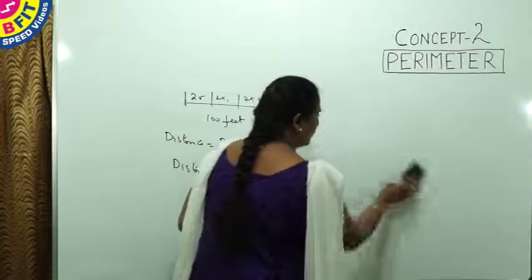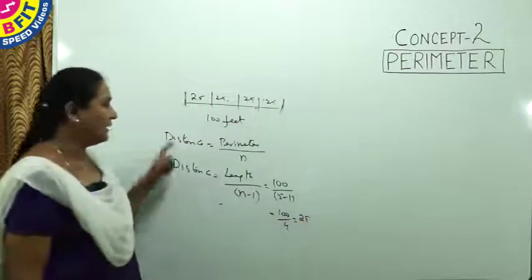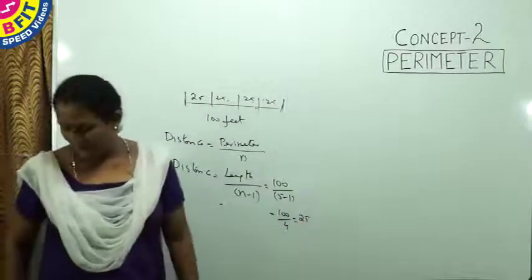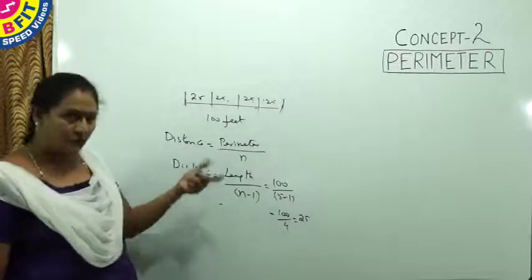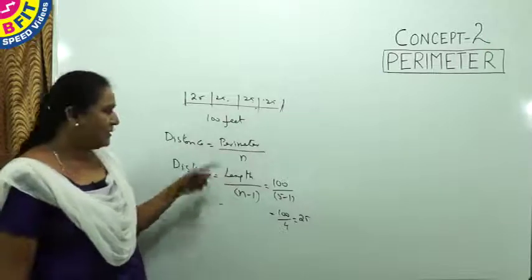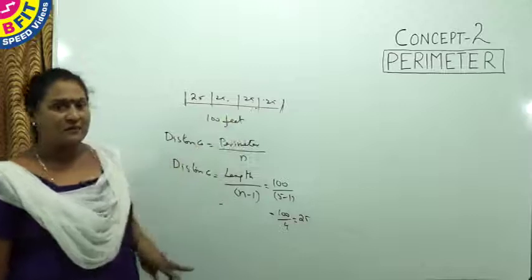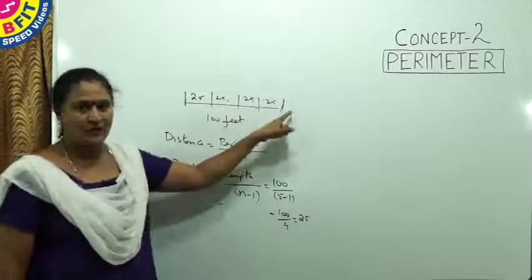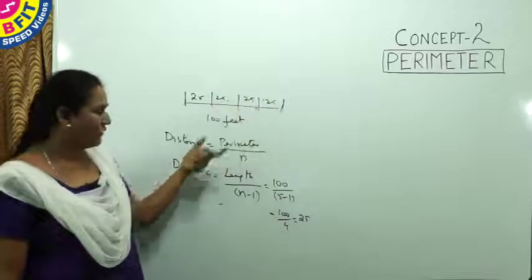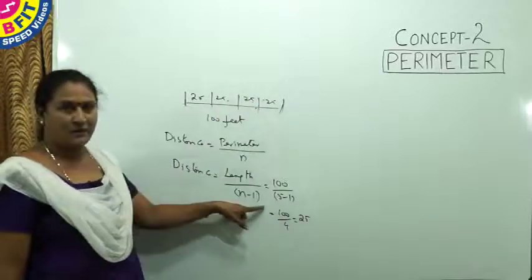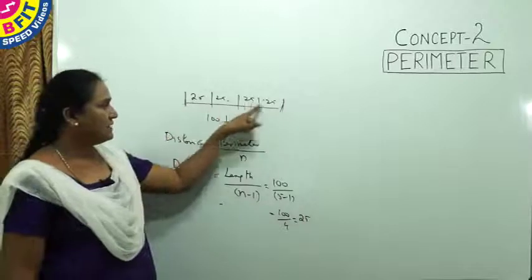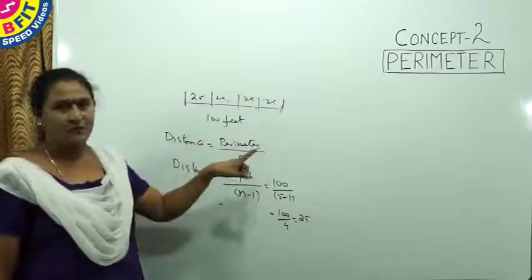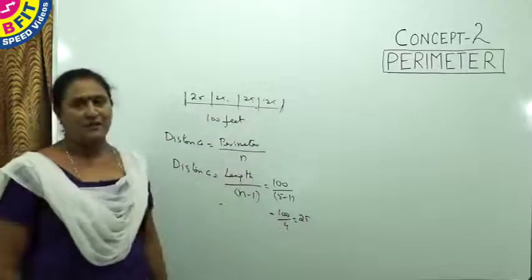We'll see how to find the number of poles when the length of a road is given. I have told you that when it is a perimeter, number of poles and intervals will be the same, so distance will be perimeter by n. When it is a simple length of a road, it is length by n minus 1, because intervals will be 1 less than the number of poles. So you have to divide by n minus 1.